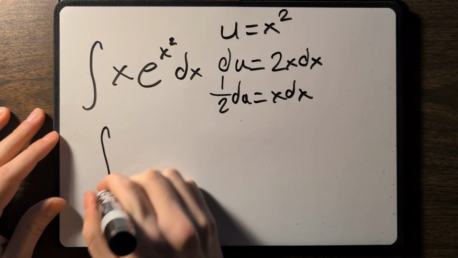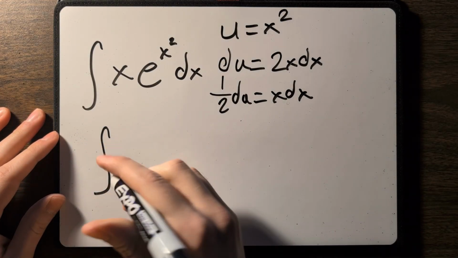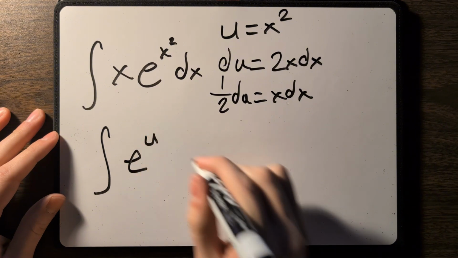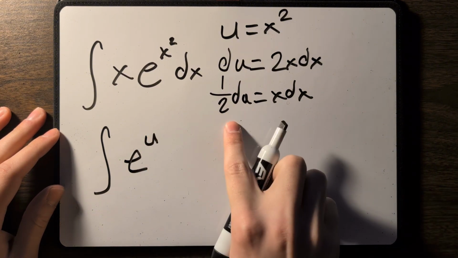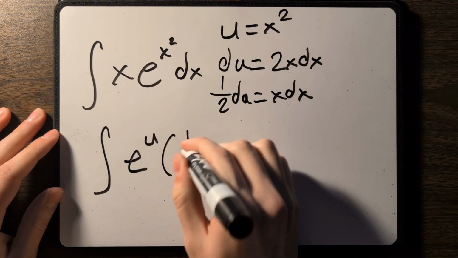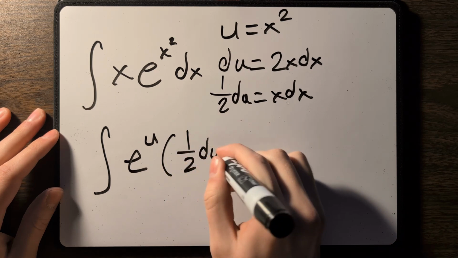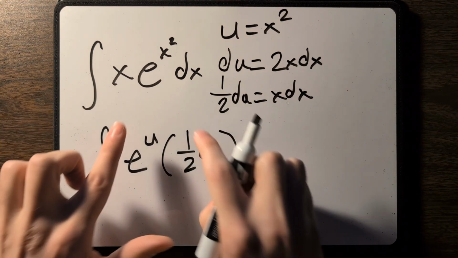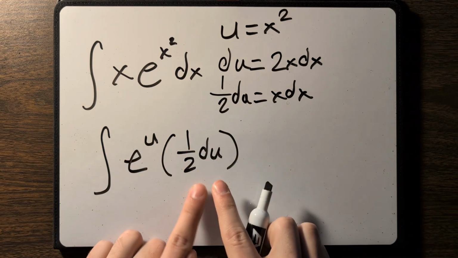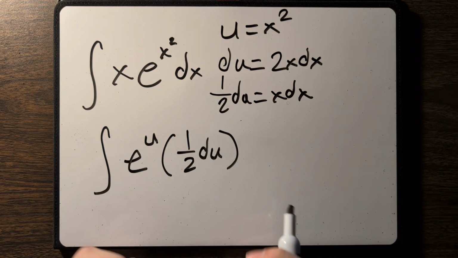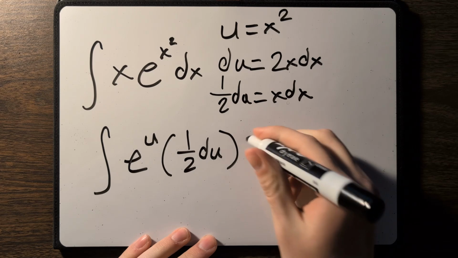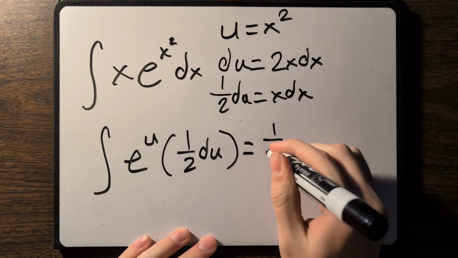So let's do that. We have e to the power of u, and then we have times 1/2 du, which is replacing our x dx. Okay. Now let me simplify.